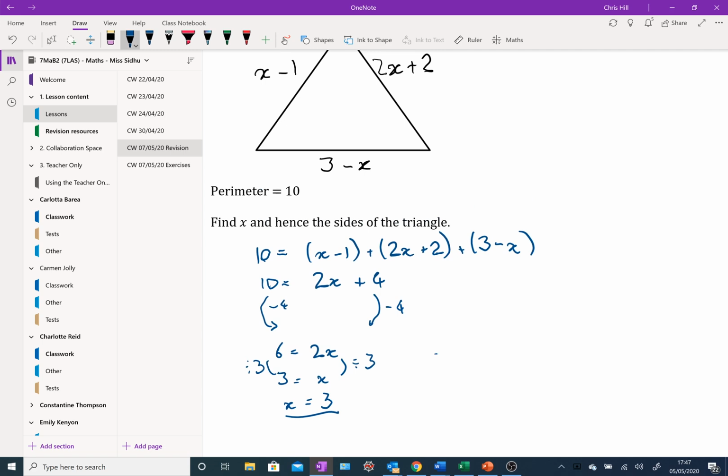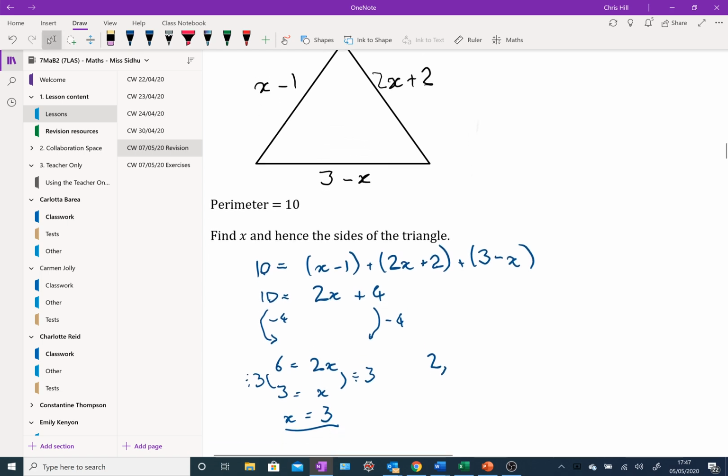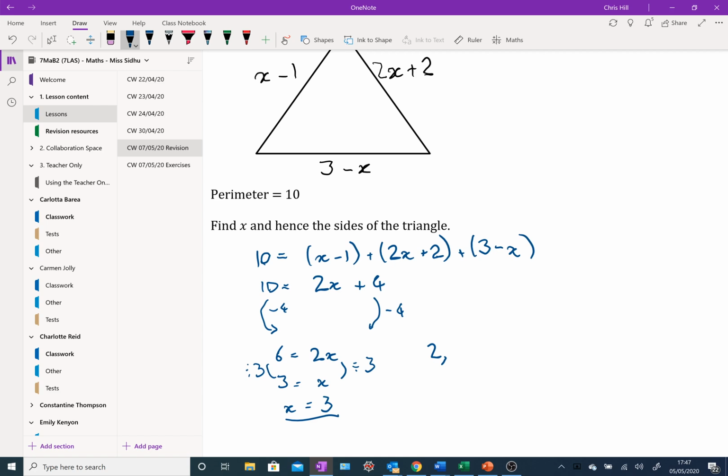So the side there will be 2. The side here will be 2x plus 2, so that will be 8. And here, funny enough, I've put a triangle with a 0 side, but you get the idea. That would be the result of that perimeter.